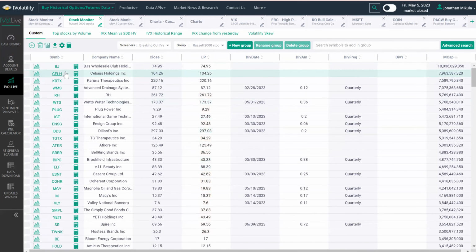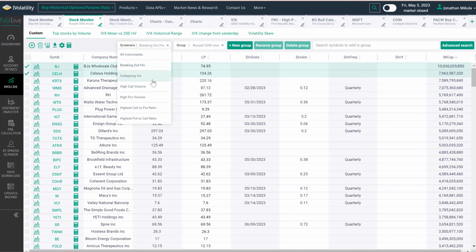Here we go. BJ's Wholesale, Celsius Holdings. These are actually two that I'm familiar with, so I could check those. And this is now sorted by my screen here, the breaking out implied volatility. Of course, you could have done the opposite. You could have said, okay, what names are having implied volatility collapse by 10%, meaning the options prices are getting cheaper. So I chose breaking out.